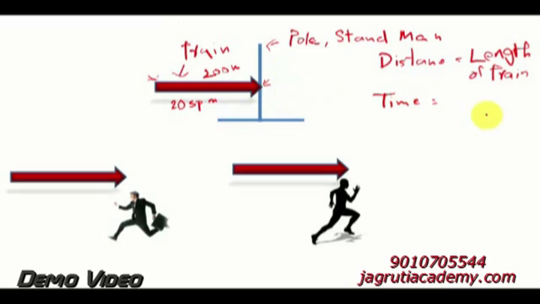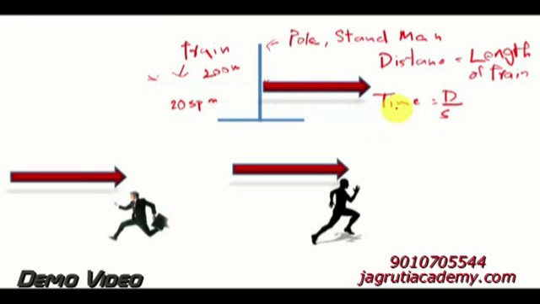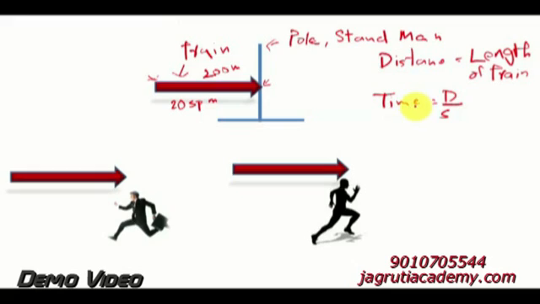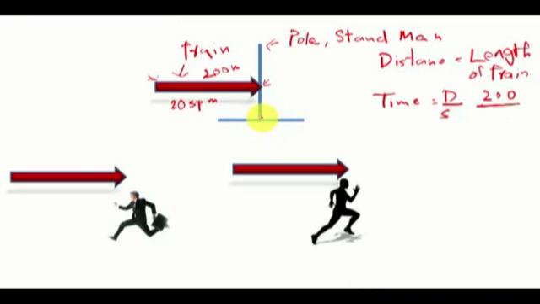To cross the pole, we know the time is equal to distance by speed. What is the distance here? We have observed that it is crossing its own length. So the distance is nothing but the length of the train, which is 200 meters, by speed. As the pole is stationary, or in the place of the pole, if a standing man is there, that is also stationary.